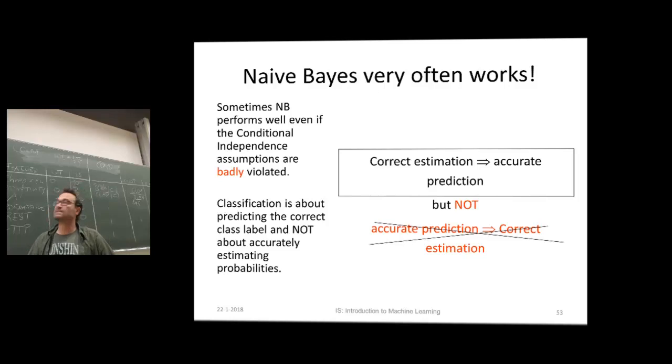The reason for that is that classification is to predict the correct label and not to predict the right probability. So we do not calculate any real probabilities here because we don't do the weighting with the length of the occurrences of the features. We violate the naive independence assumption, so it is a really naive approach. This is not about correctly predicting the probability of an email being spam or not.